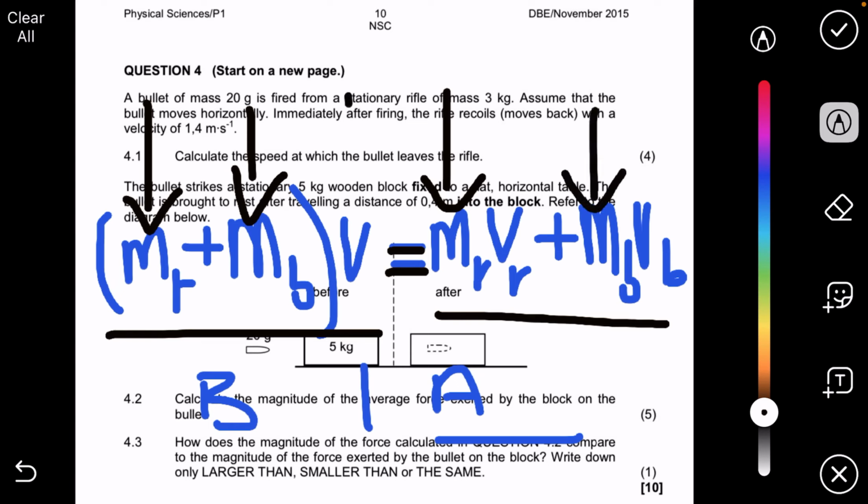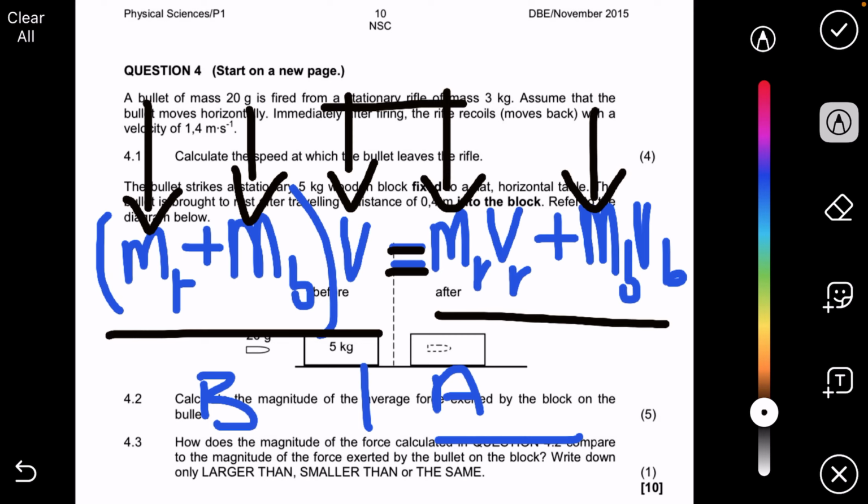Remember, guys, very important, your velocity in the situation before is 0. Why? I've explained that they said stationary. Massively important, ladies and gentlemen. Stationary, at rest, not moving, simply means the speed or velocity is equal to 0.